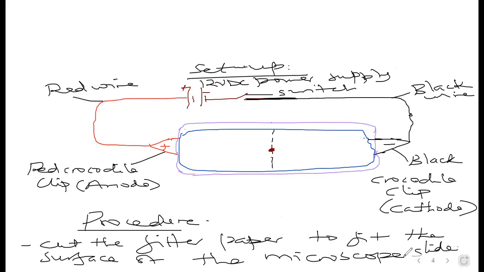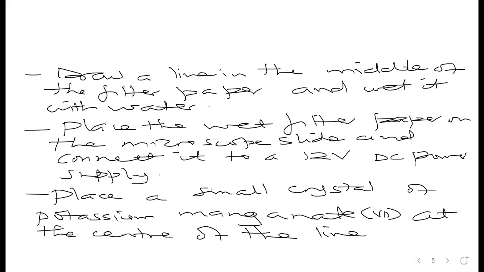The moment you place it there, complete the circuit by closing the switch. When you close the switch and you observe after some time, what are you going to see? Okay.